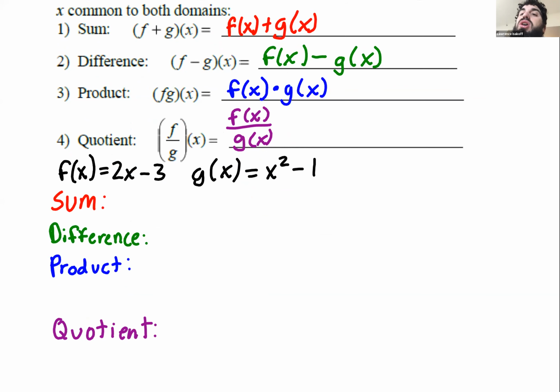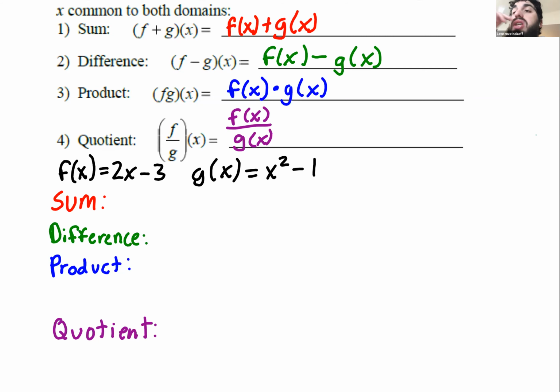Here I'm given these two functions, f of x and g of x. I don't have as many color options on Zoom as I do on Smart Notebook. So product, I'm probably going to do in black, even though I initially had set the color as purple.